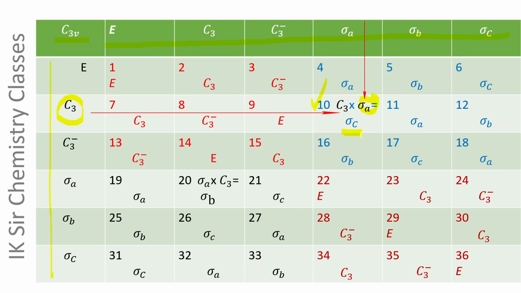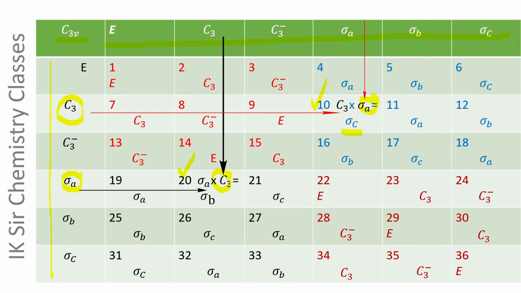Let us now consider the entry at position number 20. This position represents the product of symmetry operations sigma A and C3.